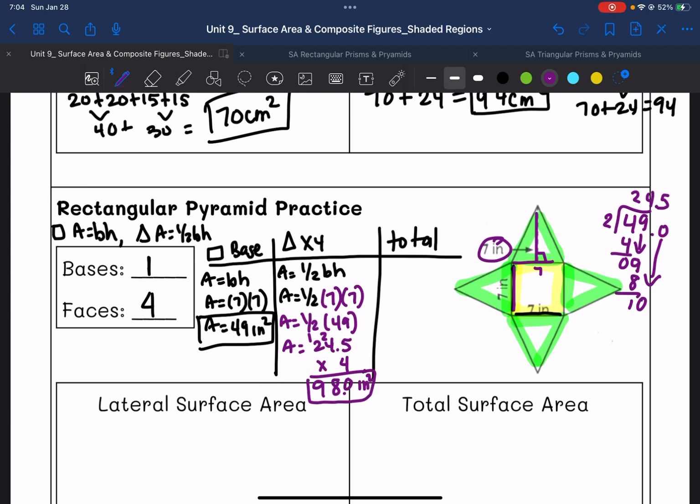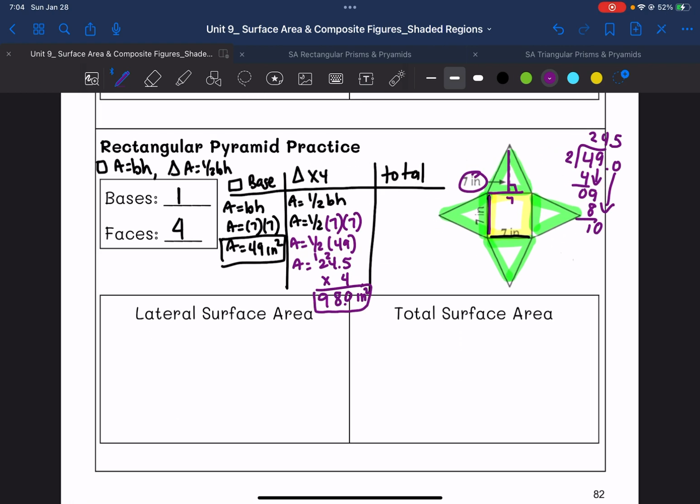Now, I'm going to stop right there. I'm not going to finish writing the total right here, but I'm going to talk about the lateral surface area and the total surface area. Remember, lateral surface area is faces only, no bases. We've already basically done that work using the T-chart.